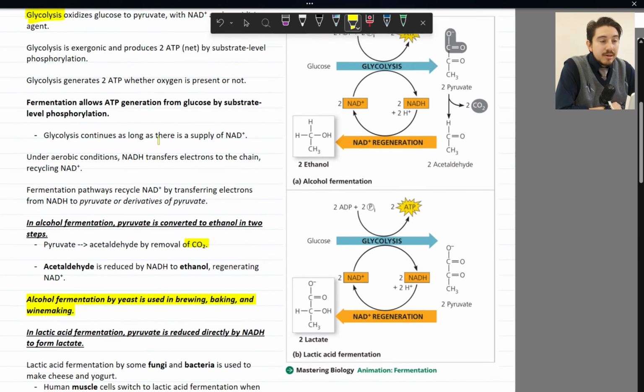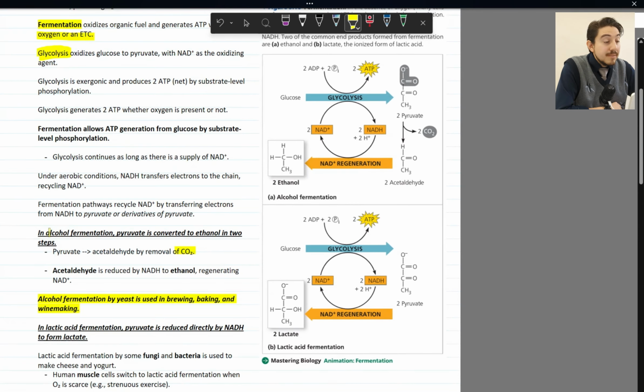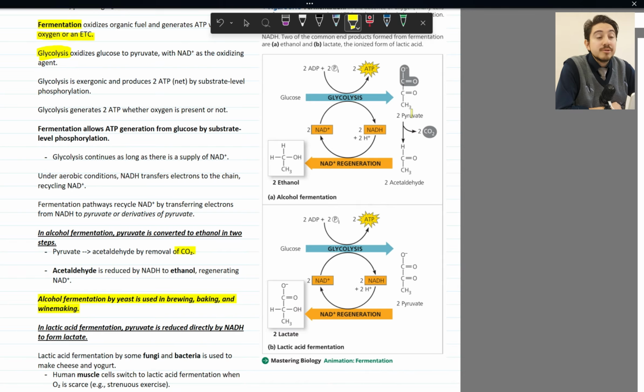Let me zoom out a little bit. You have a glucose undergoing glycolysis. Remember, we produce pyruvate here, a 3-carbon compound, and ATP is being produced in glycolysis.